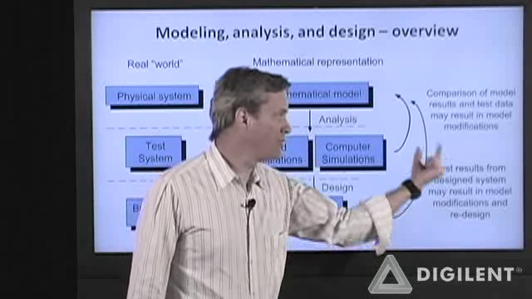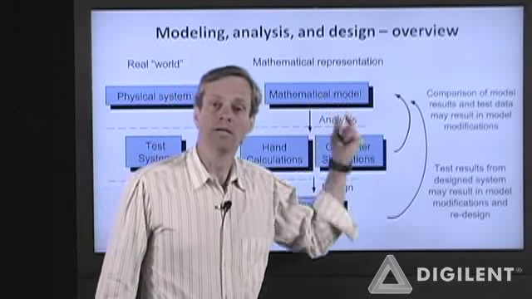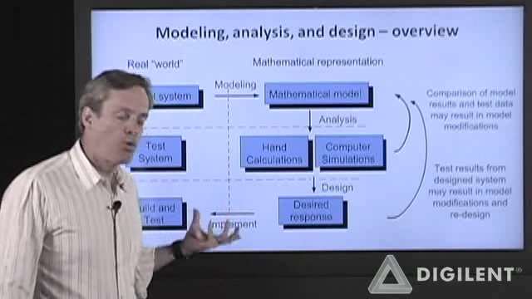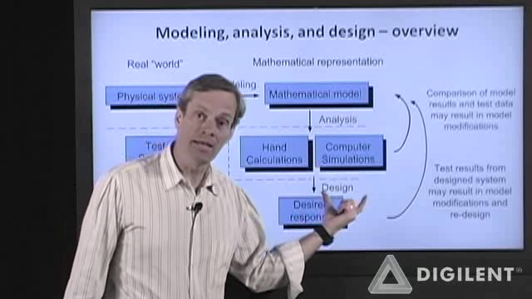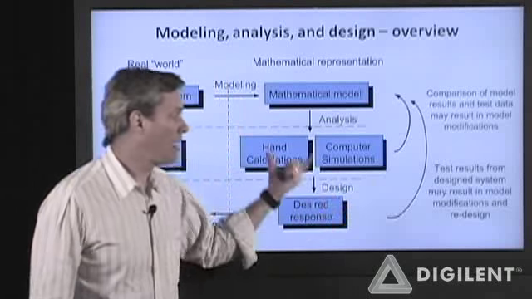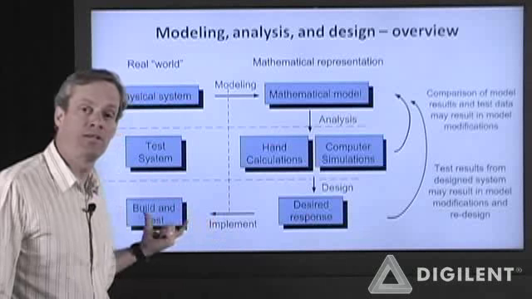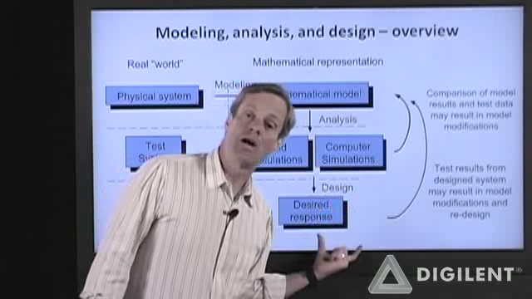That may require you to go back and revise your original mathematical model. So one really important thing that I want to get across with this slide is that design especially is a very iterative process. You end up trying something, maybe it doesn't work out, you may have to go back and revise things and try again.